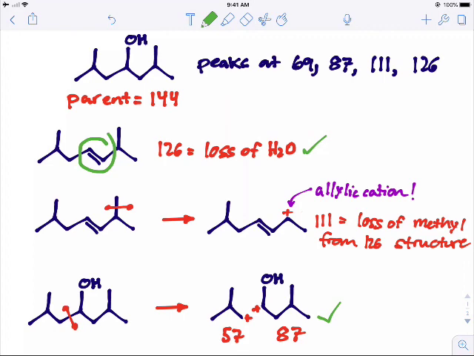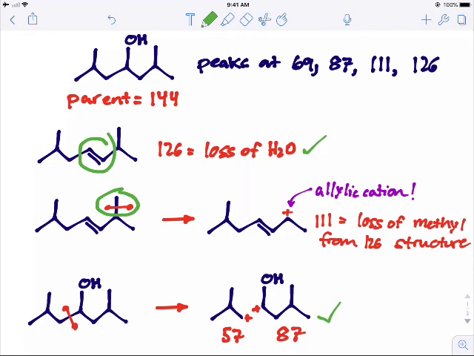Now, 111 is 15 less than 126. So I'm thinking that we can explain the formation of a 111 fragment by losing a methyl group from our 126.